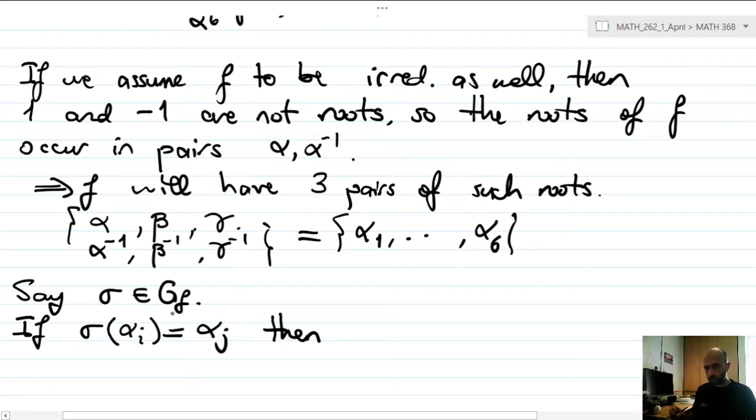But one thing is certain, sigma of alpha i inverse must be equal to alpha j inverse, right? Because sigma is an automorphism. So this immediately puts certain restrictions on G sub f.